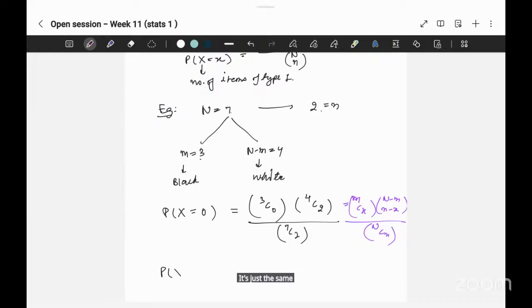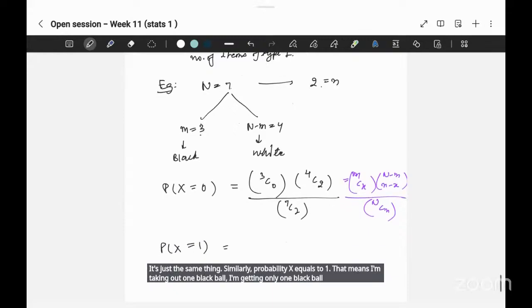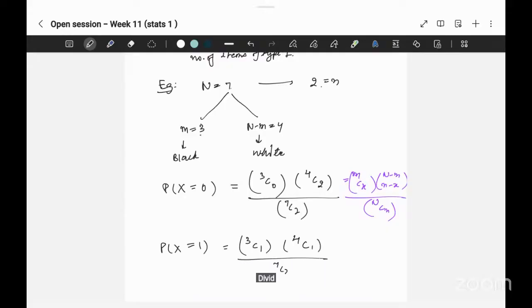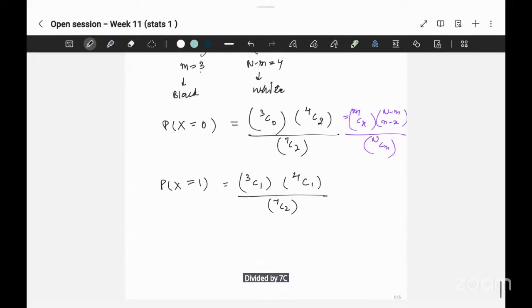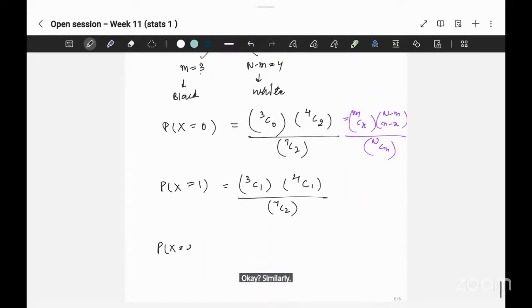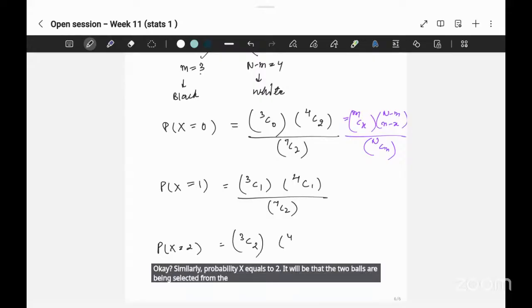Similarly, probability x equals 1 means I'm getting only 1 black ball. So I can choose 1 from the 3 black balls, and the other ball will be selected from the other type, divided by 7C2. Similarly, probability x equals 2 means the 2 balls are selected from the black balls, and from the 4 white balls it will be 0, divided by 7C2.